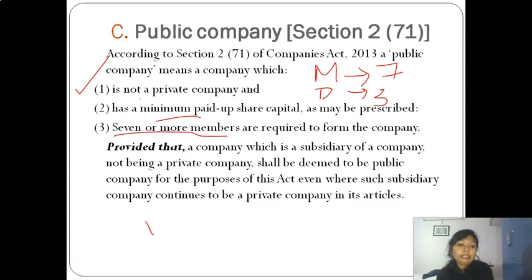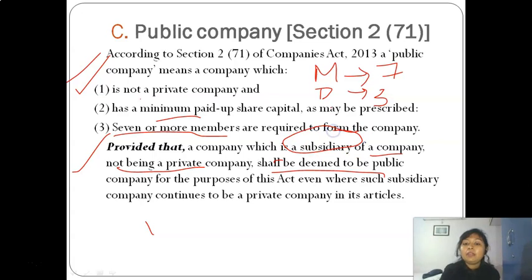Now, provided that a company which is a subsidiary of a public company, meaning a company which is a subsidiary of a company which is not a private company. A company which is not a private company is a public company, as we already saw in the definition. Such a company shall be deemed to be a public company. What do we mean by subsidiary company? We will get to know in the slides.